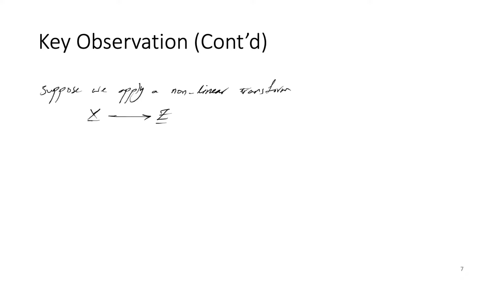So in general, suppose we apply a nonlinear transformation, right? So we want to transform our x's to a z space, right? And then we would like to apply SVM on the z space, on the transformed space, right? So we want to accomplish this.